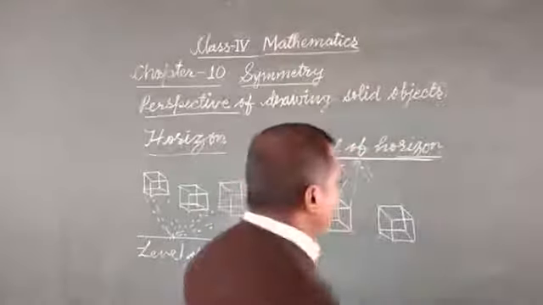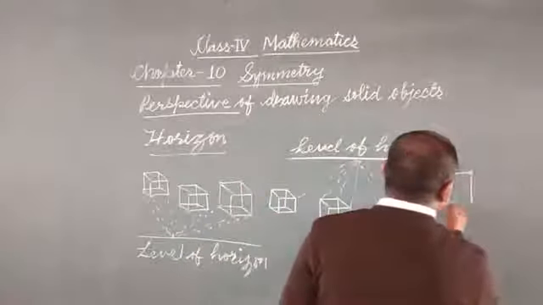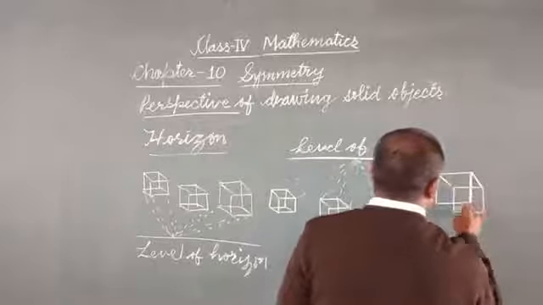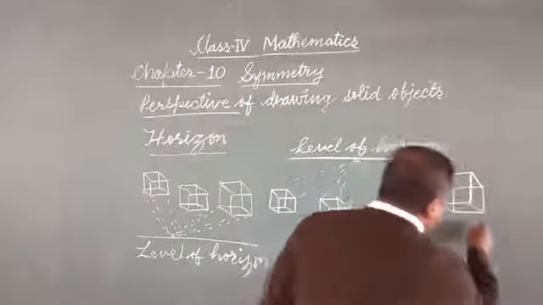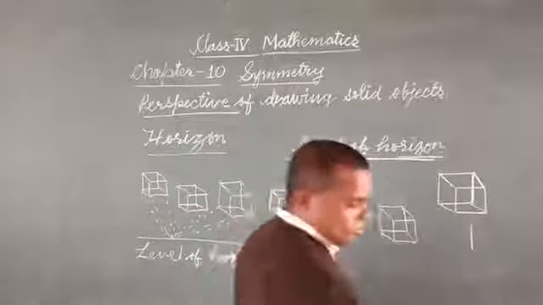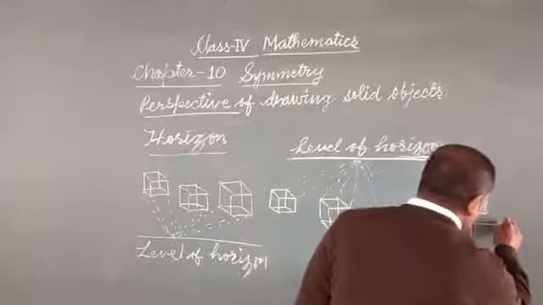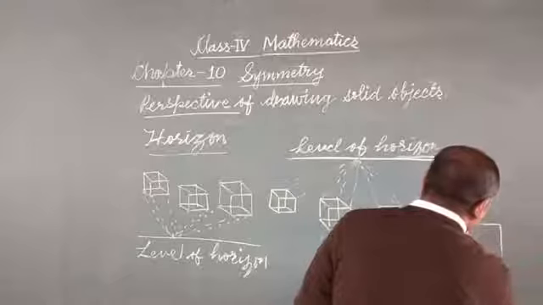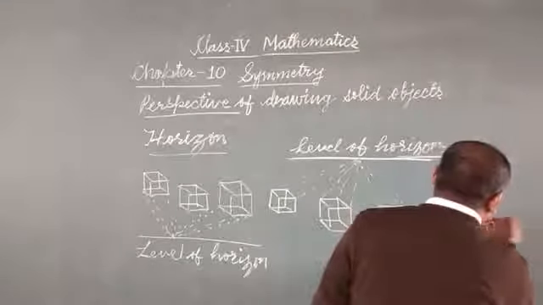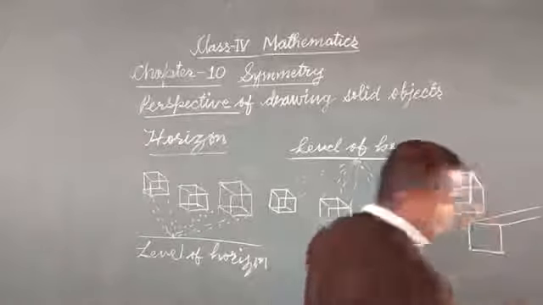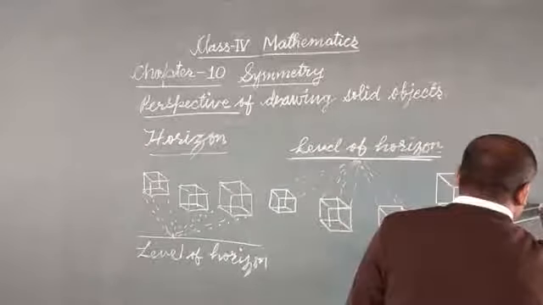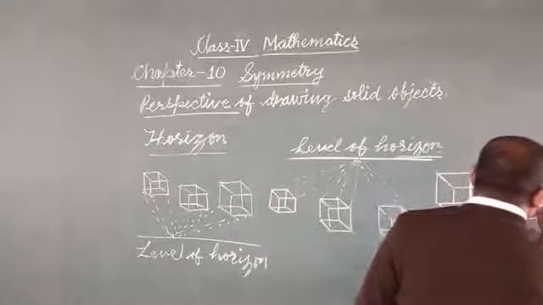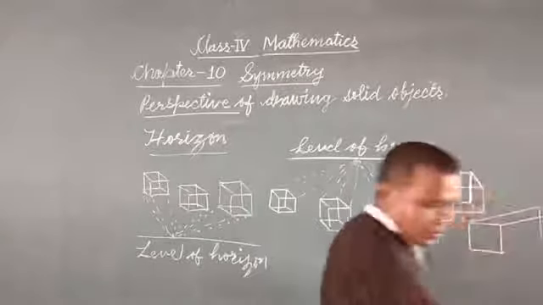Suppose here two objects are given. One is this one. This is a cube, and again it is given like this. Cube, and it is also given in this way. Okay, there it seems to be like this.